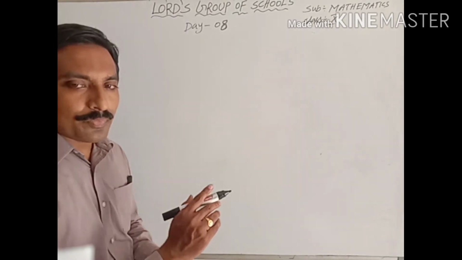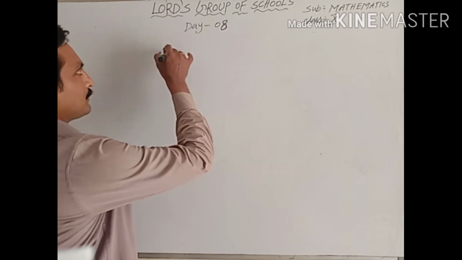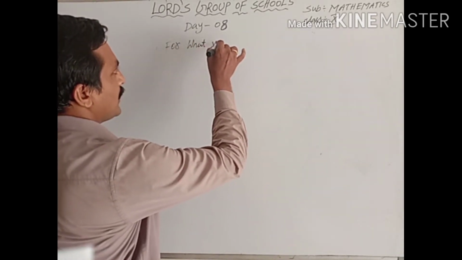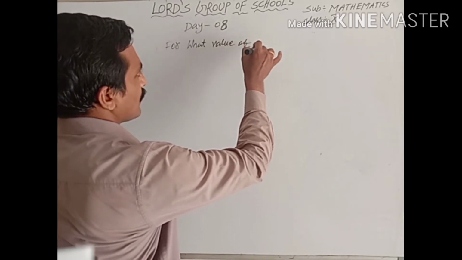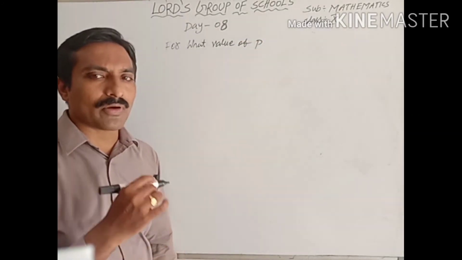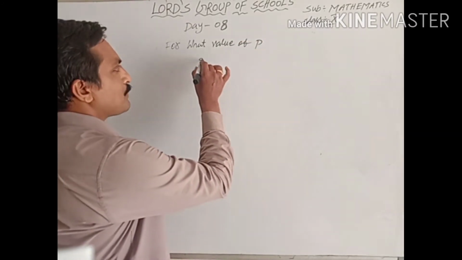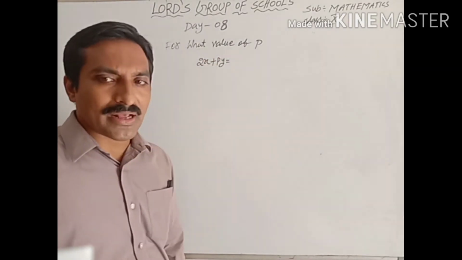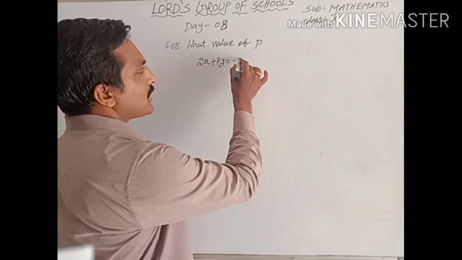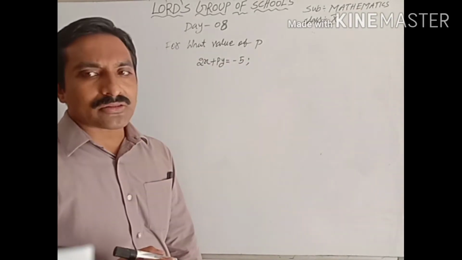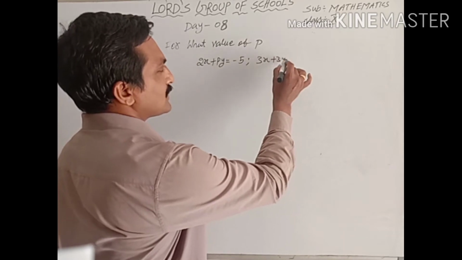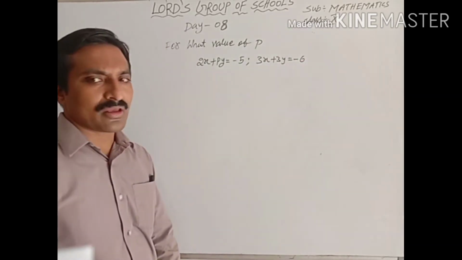For example, for what value of P, 2x plus Py is equal to minus 5 and 3x plus 3y is equal to minus 6.